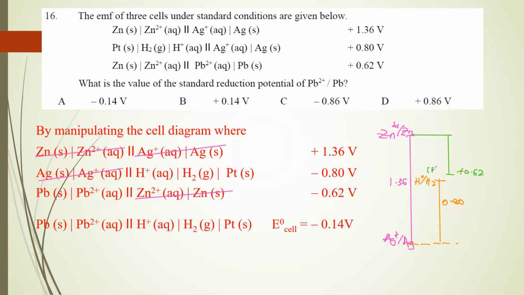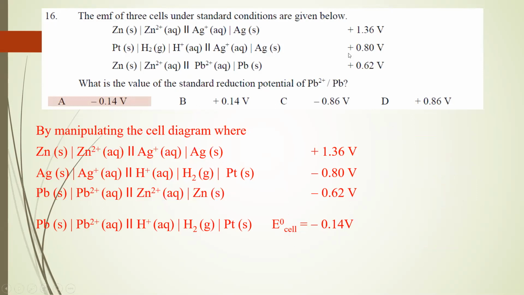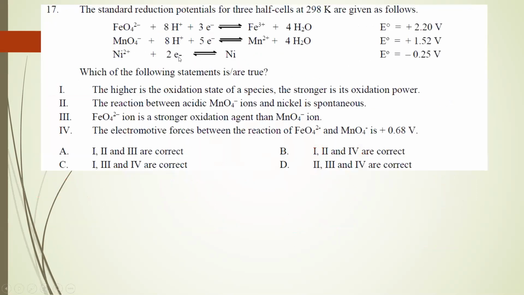So this is for Pb2+/Pb. So in here, you can see that lead has a higher position than hydrogen. So in other words, the E0 value for the lead will be negative. Okay, so that is how you get the E0 cell equals negative 0.14 in here. Okay, so that is how we are going to solve this question. So either way, you can obtain your answer. Okay, then you have number 17.